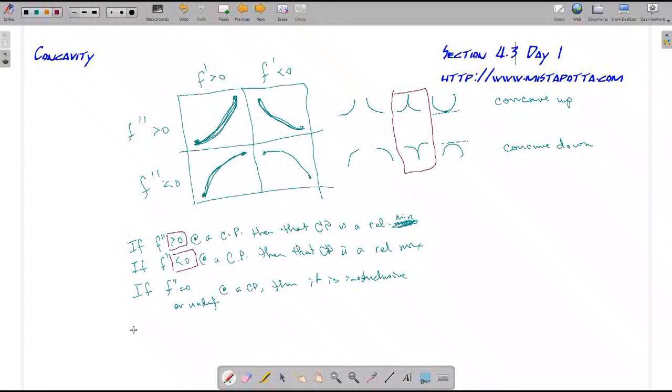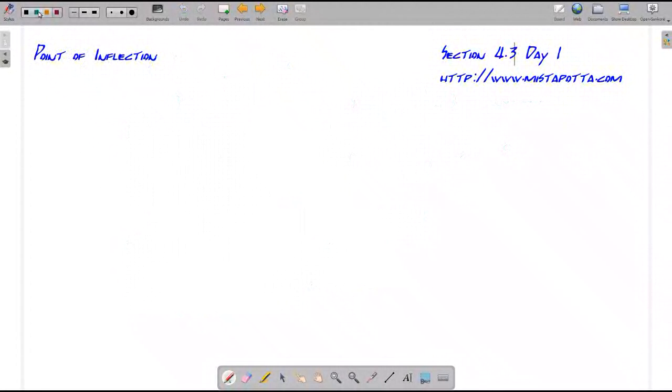And this transition that we're talking about is called a point of inflection.